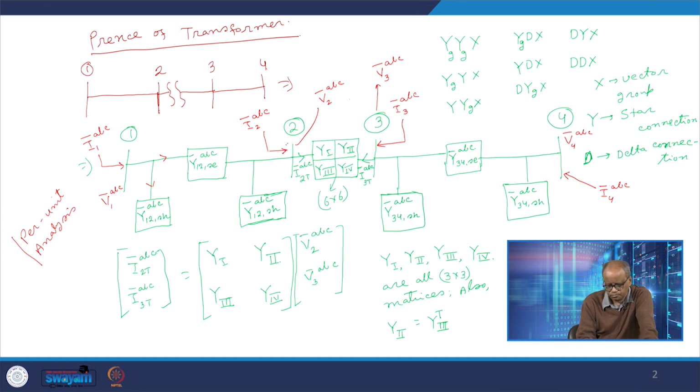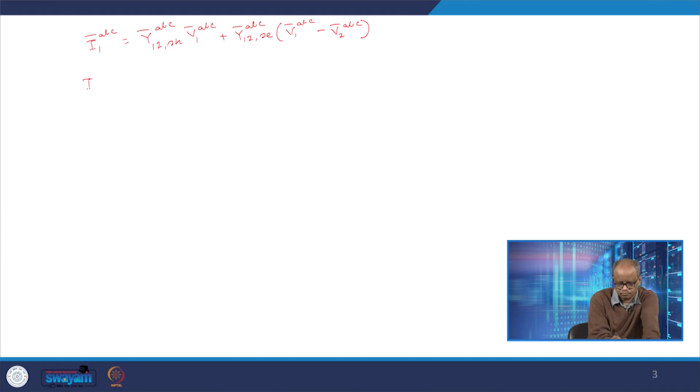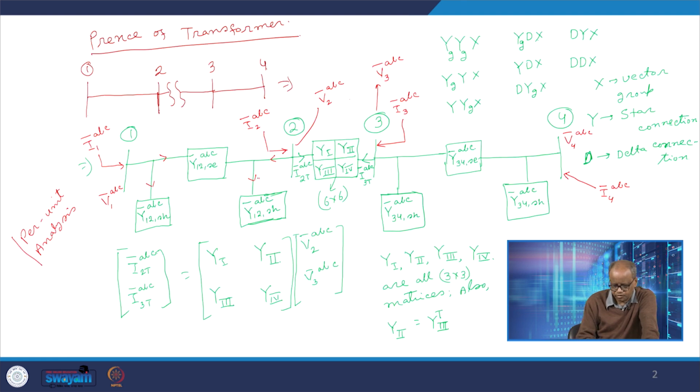At bus 2, the injected current would be equal to this current plus this current plus this current. So, I2 ABC would be essentially Y12 shunt ABC into V2 ABC. Sorry, it will not be this current.